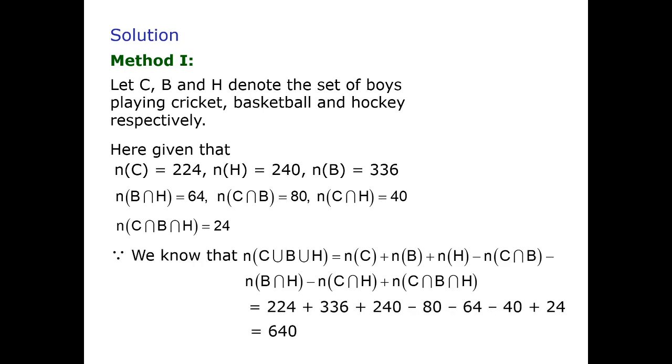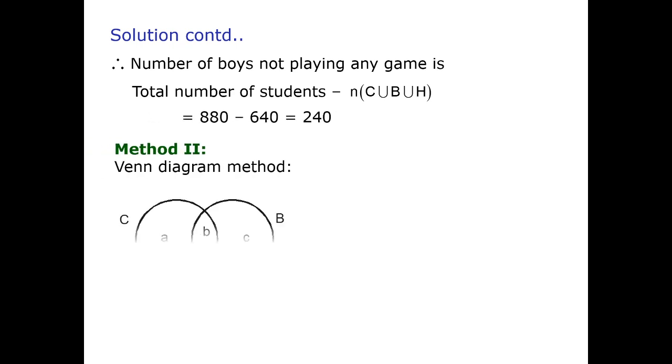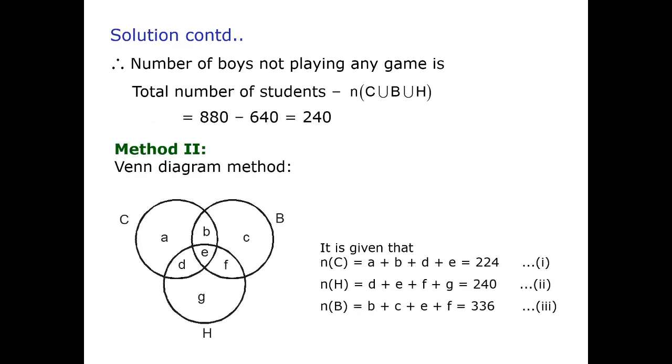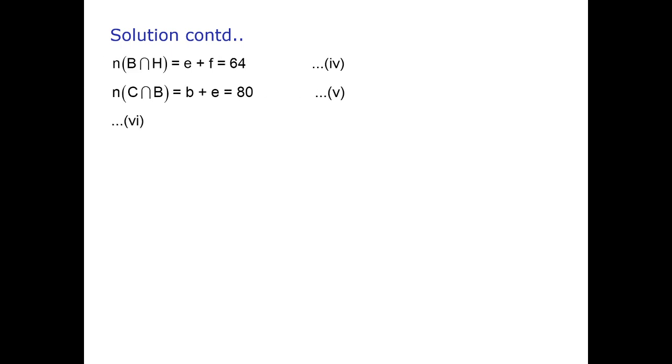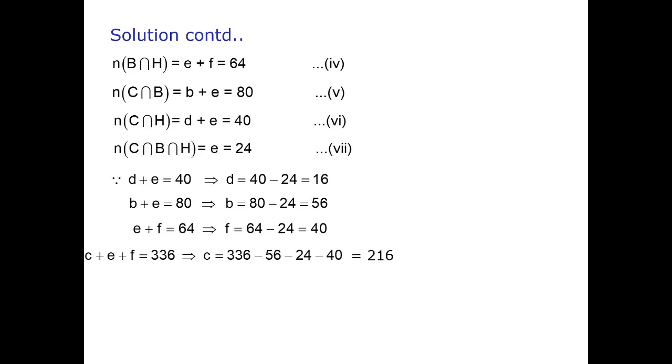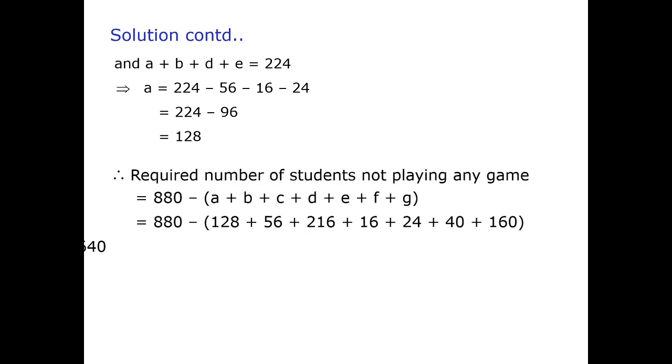That union is already found. Now for those not playing any of the games, you subtract the union from the total number of students. The second method is slightly lengthy, but I will suggest the first method, but it's up to you if you want to use it, because it has a lot of calculation.